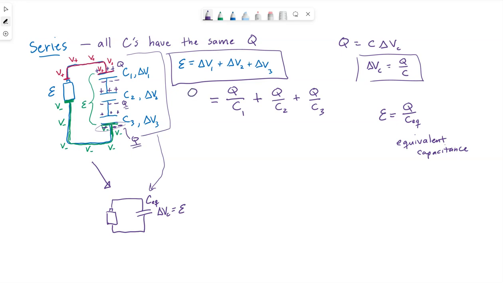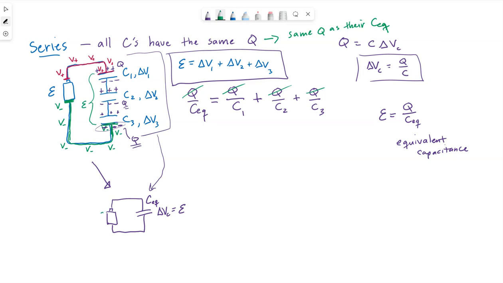I'm going to put Q over C equivalent up here. Well, in series, they have the same charge, and they have the same charge as their equivalent capacitance. That's a Q.